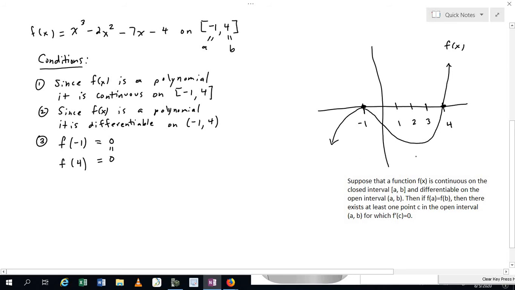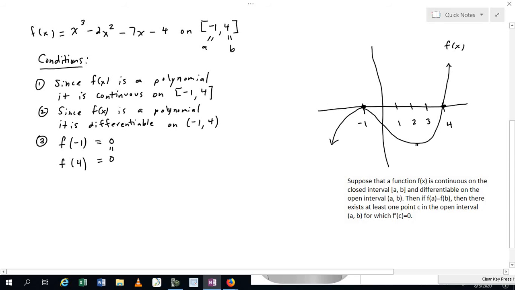But you can also see the conclusion. The conclusion says that there must be some point in between -1 and 4 where the derivative at that point is 0. So there's got to be a point in between here, right, and here somewhere, where the derivative is 0. Well, where is it?